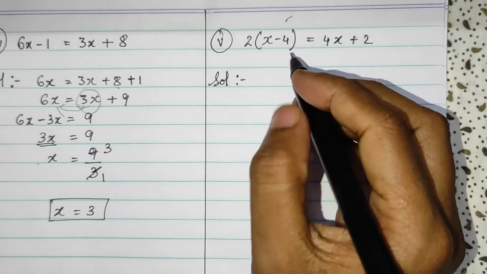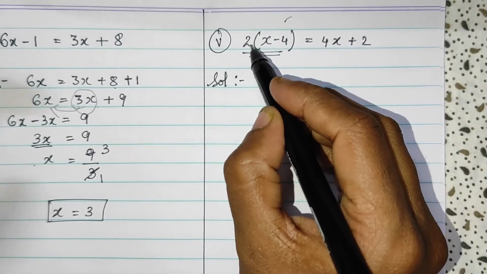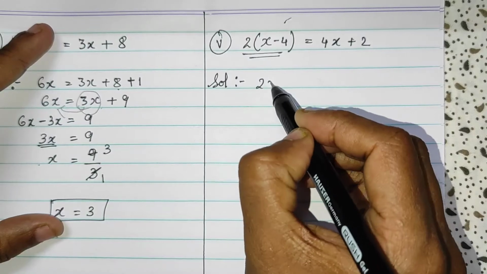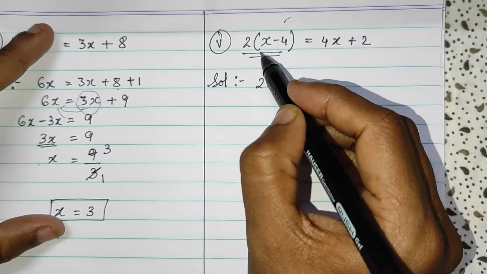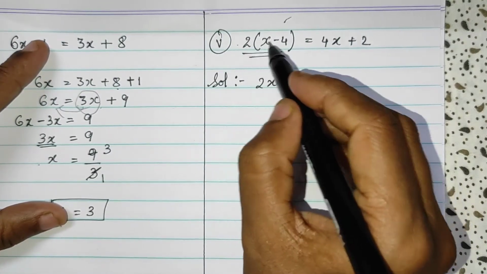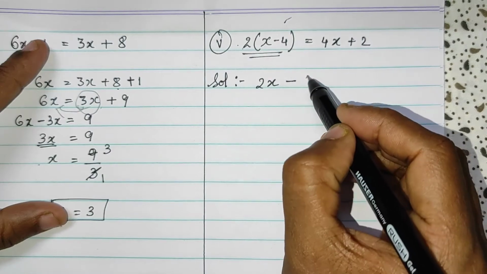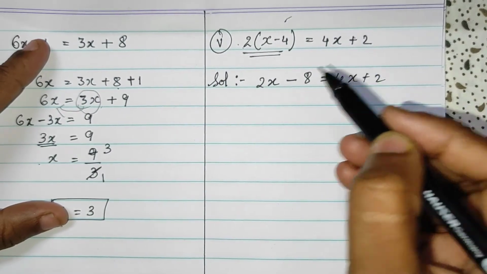Now here, your fifth sum. First solve this bracket. 2 into x, 2x. Then this is a number and a bracket, that means it is multiplication. So 2 into x is 2x, plus into minus is minus, 2 fours are 8 and 4x plus 2.